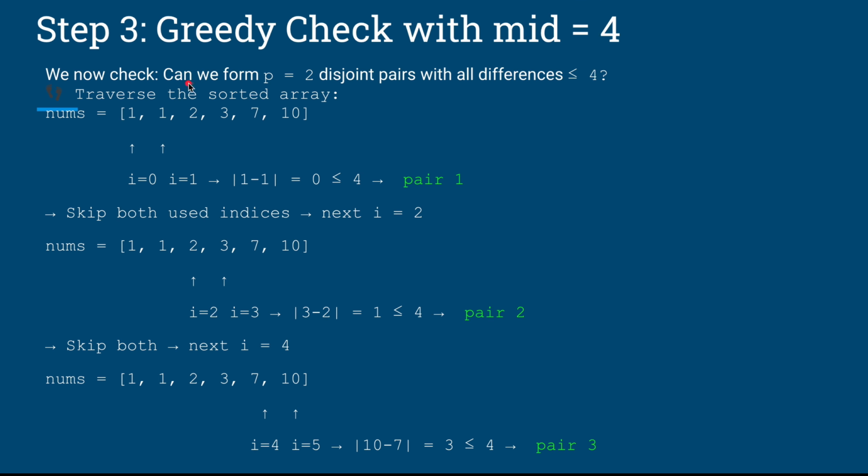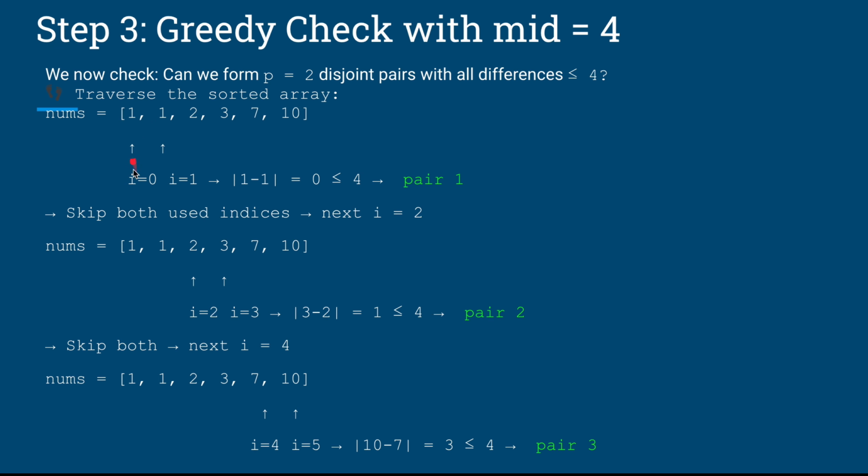Now we check: can we form P equal to 2 disjoint pairs with the difference less than or equal to this mid 4? Means the difference should be less than or equal to 4. So this is your sorted array.